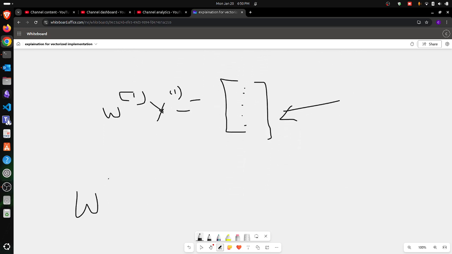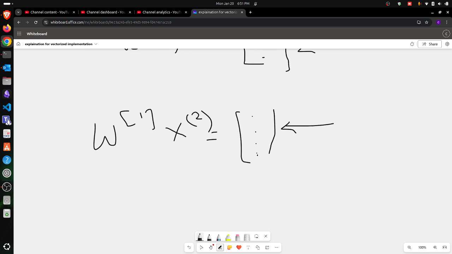Then for this thing we are going to have some other column vector as well, and for this thing as well we are going to have another column vector.